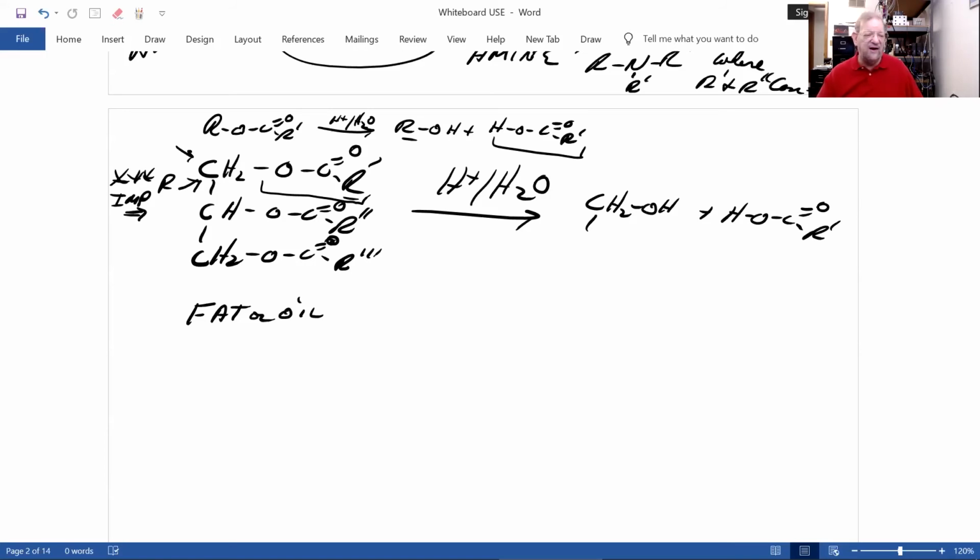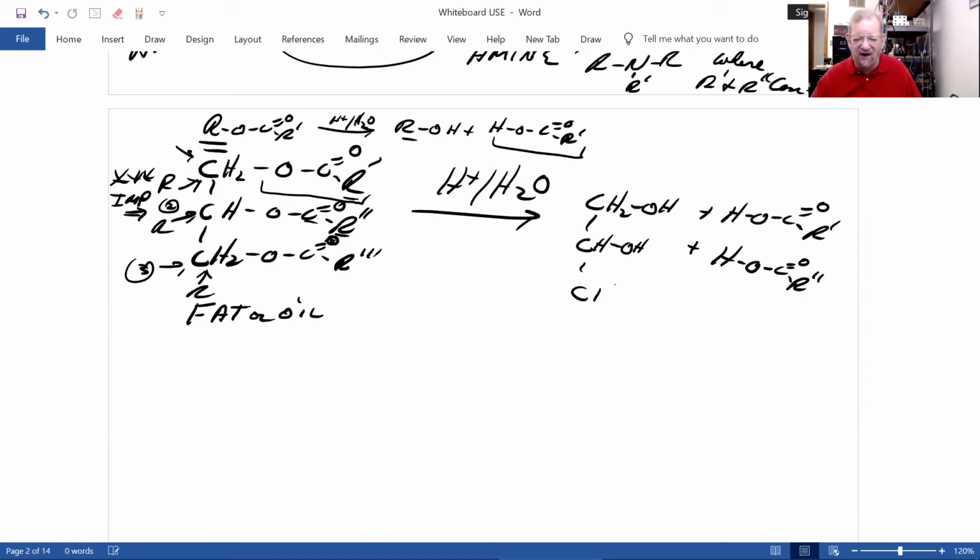Remember, you don't break carbon-carbon single bonds. So here's my second ester, and here's my R group, and my R and the carbonyls are double prime. So I'll have this alcohol plus now this carboxylic acid. And finally, the last ester, here's my R group right here.